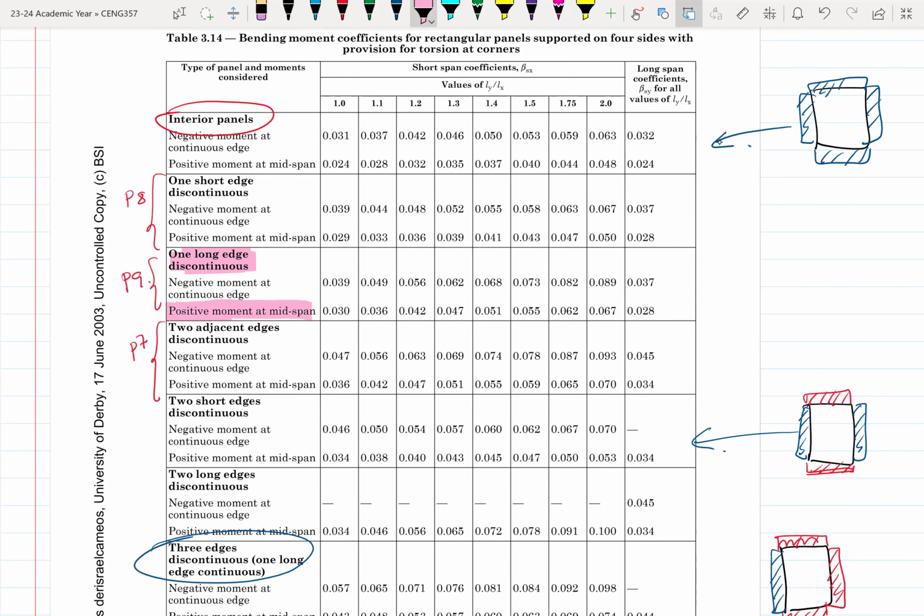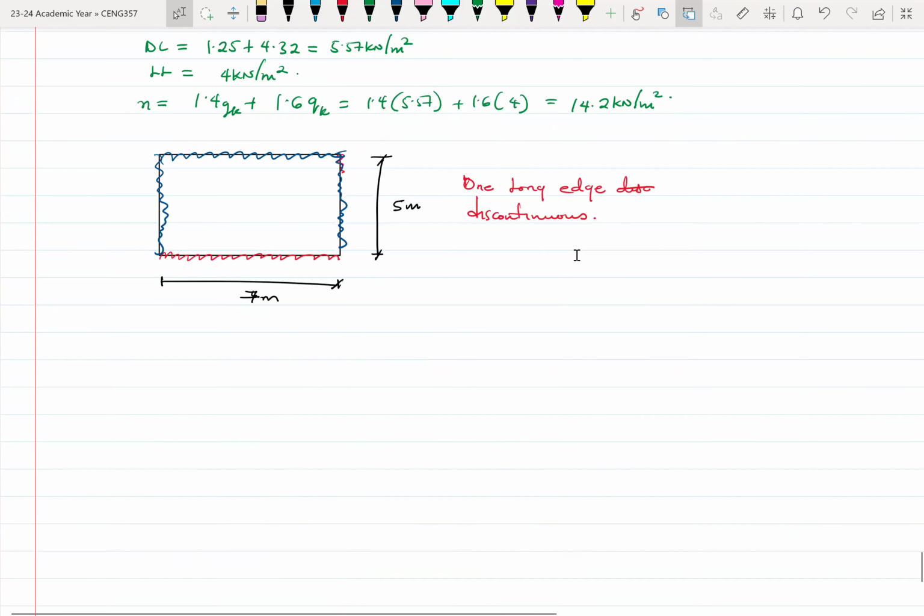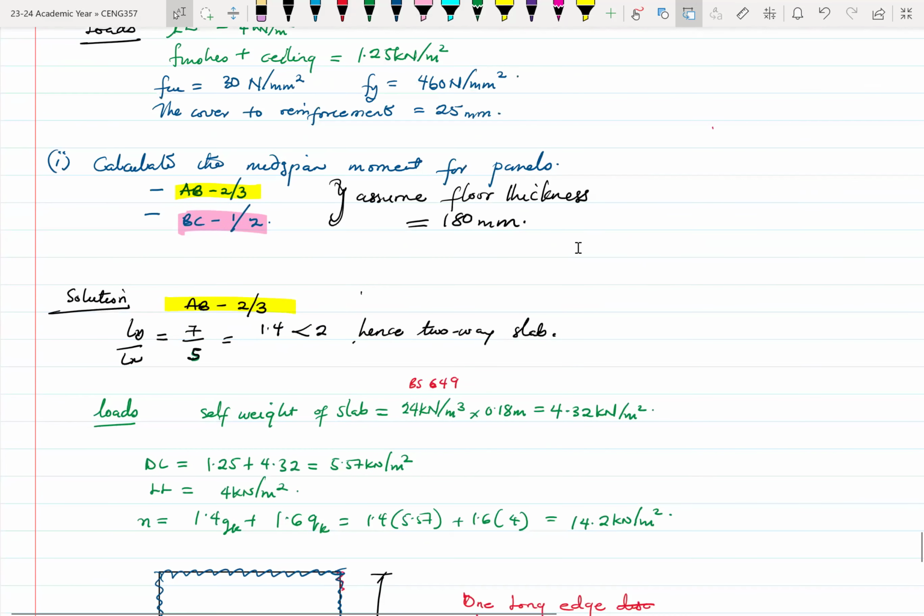With LY over LX being 1.4, then our mid-span moment is 0.051. That's what we're being asked to find: the mid-span moments.